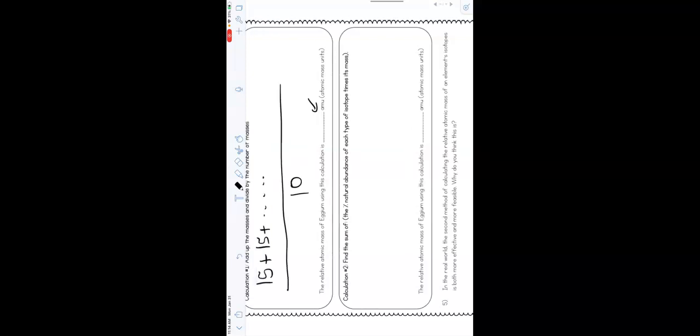Now the next one is to find the natural abundances for each one. So for that, you remember these fractions you figured out up here? You're going to take the decimal, okay, and then you are going to times it by the mass number.